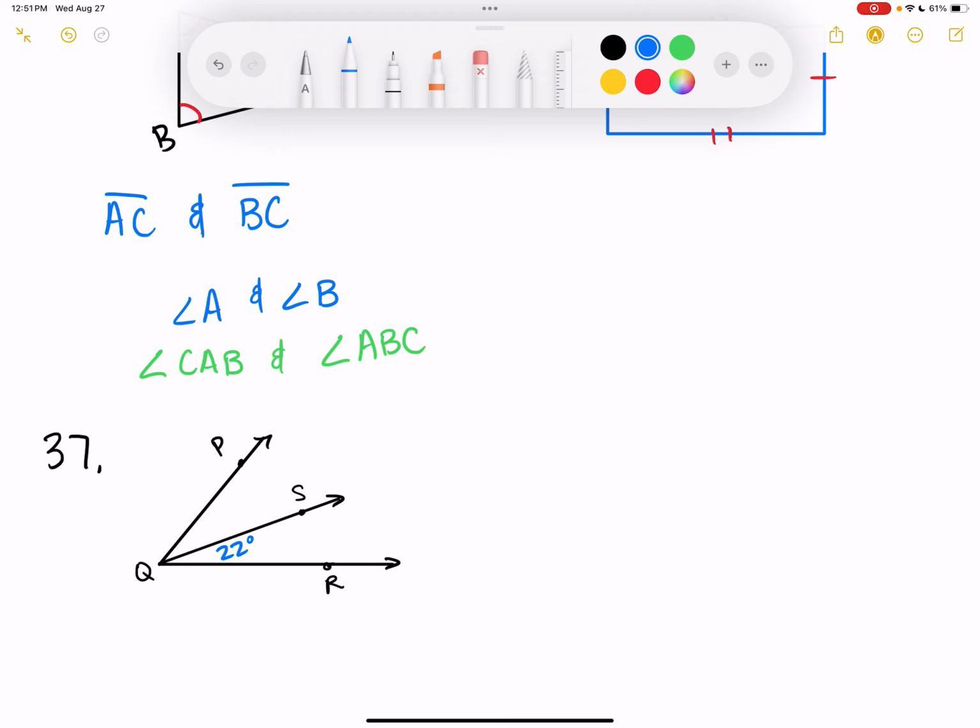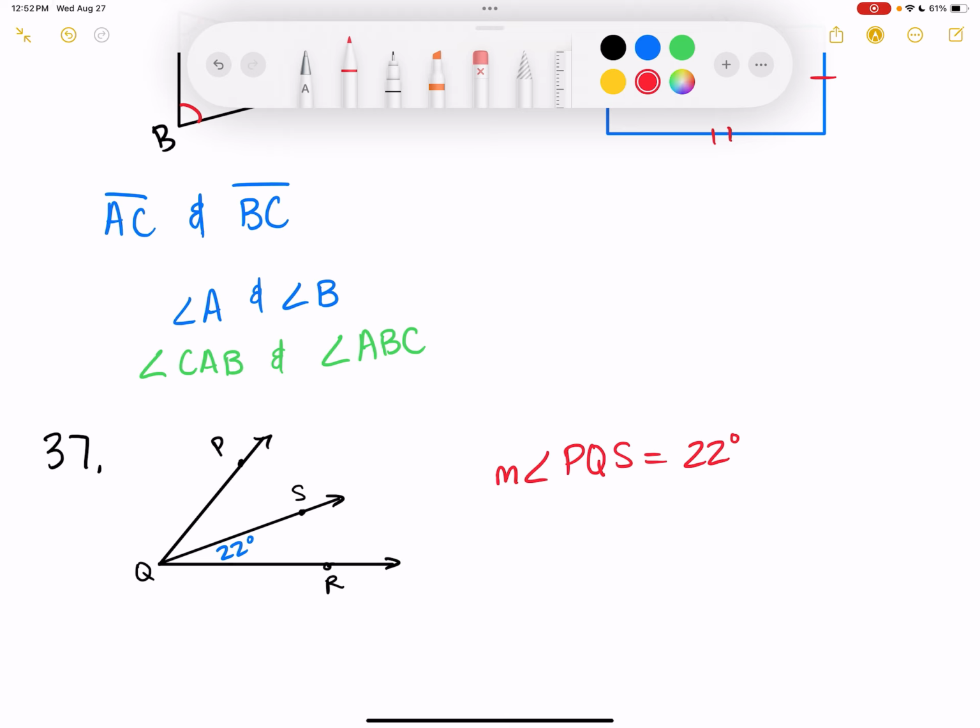What does that mean about angle PQS? Yep, so remember, if we're giving a degree value, we put the M in front of the angle for measure. So the measure of angle PQS is also 22 degrees. Now, it said in the instructions it wants the value of the two missing angles.